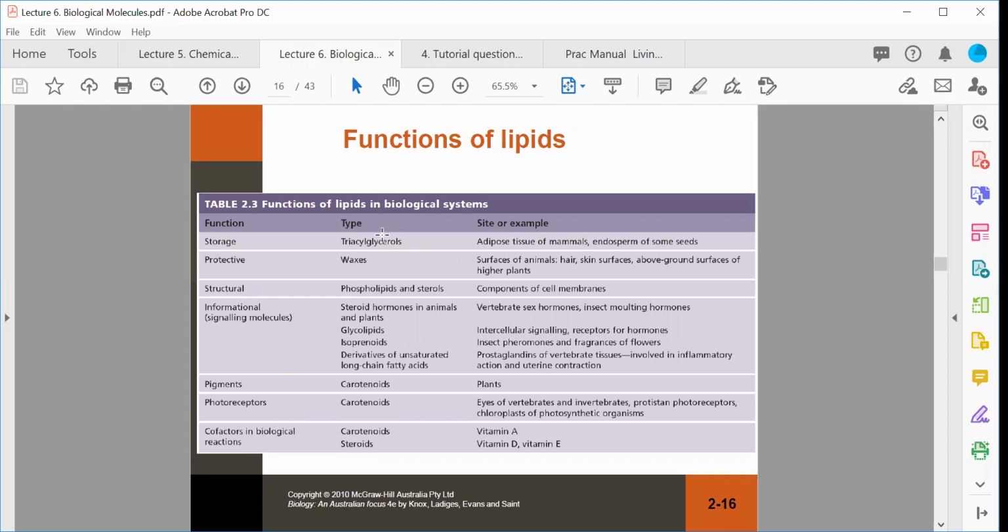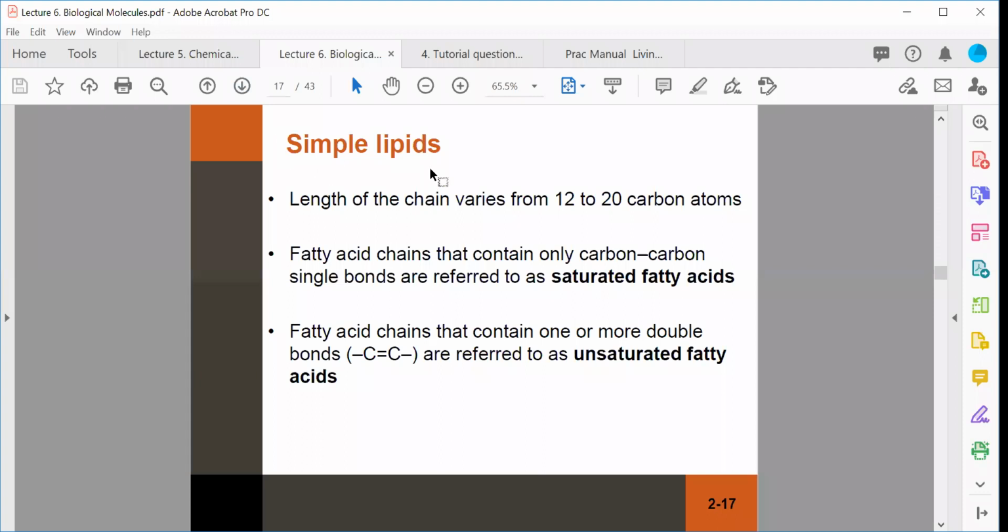Here are some different types: triacylglycerols, waxes, phospholipids, sterols, steroids, steroid hormones, glycolipids, isoprenoids, and so on, carotenoids in plants and in animals, and the vitamins that someone referred to earlier. Some of the vitamins, at least, are lipids. You don't need to remember this. This is for your interest and to put it into some sort of context.